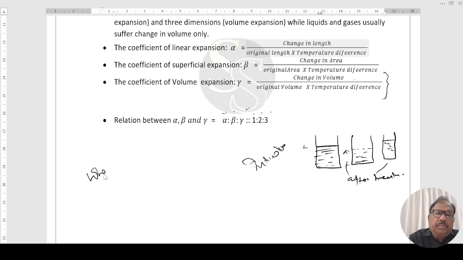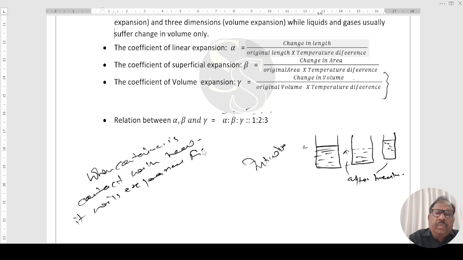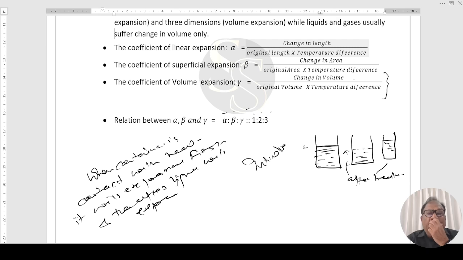When the container is in contact with heat, it will expand first. And then after, the liquid will expand, depending on the coefficient of volume expansion.